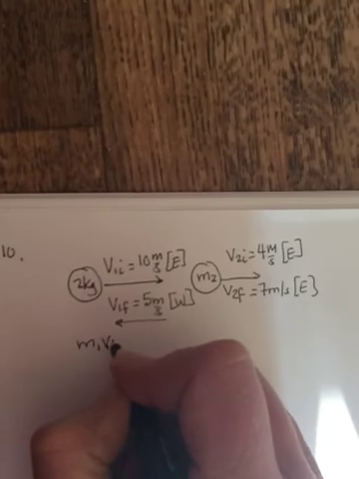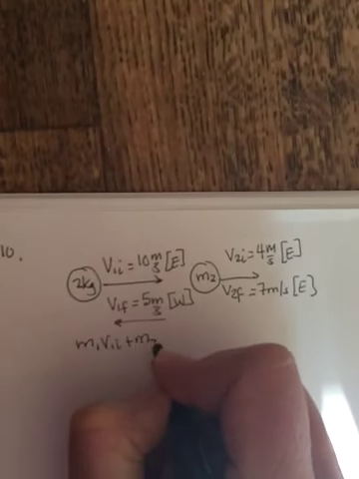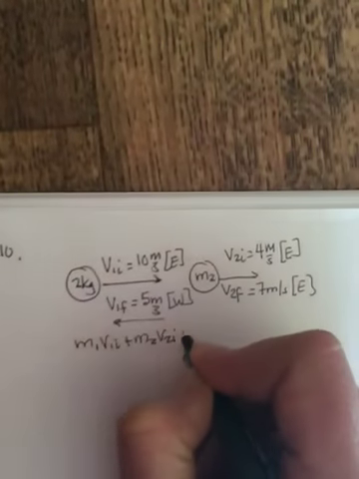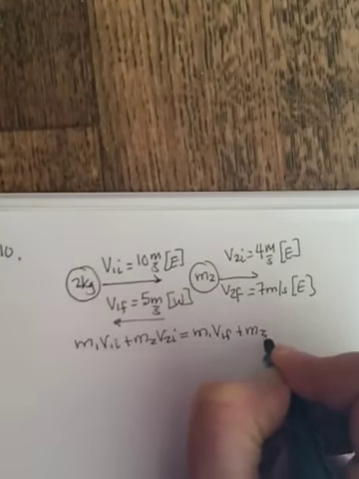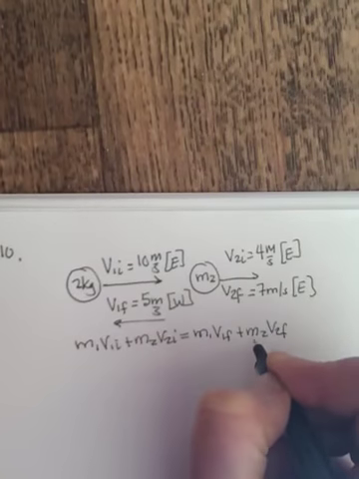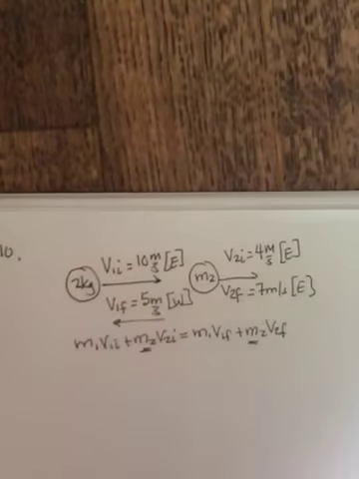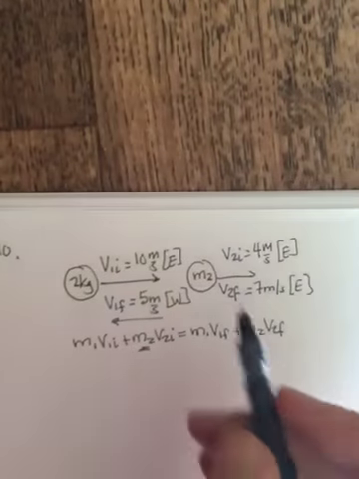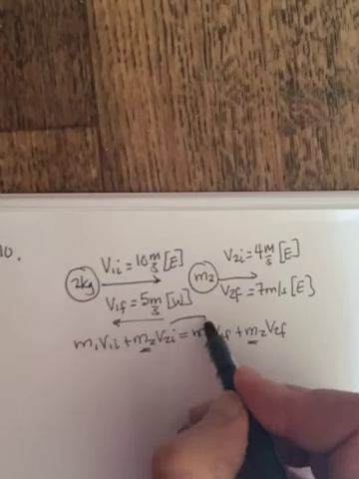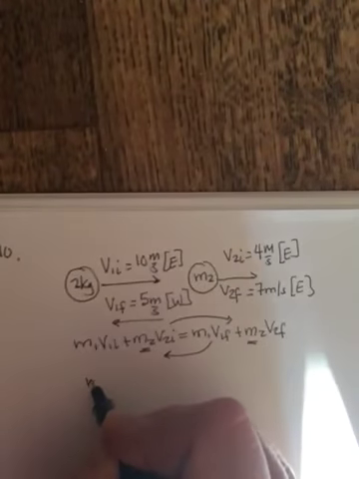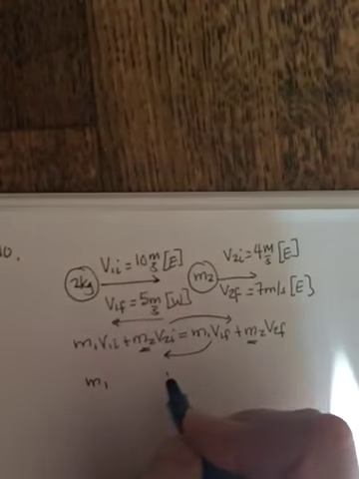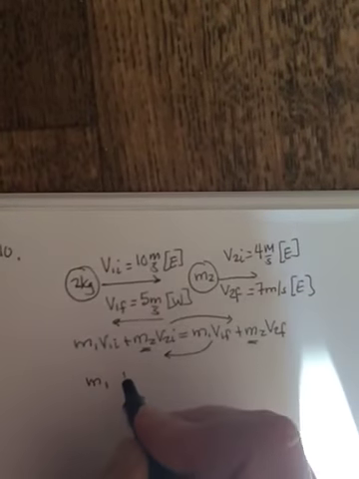So M1V1 initial plus M2V2 initial is going to equal M1V1 final plus M2V2 final. And this time we don't know M2, and it's in 2 spots, so we need to move them together. So bring this one over and bring this one over. Take all the terms with M2 to one side and all the terms without M2 to the other.